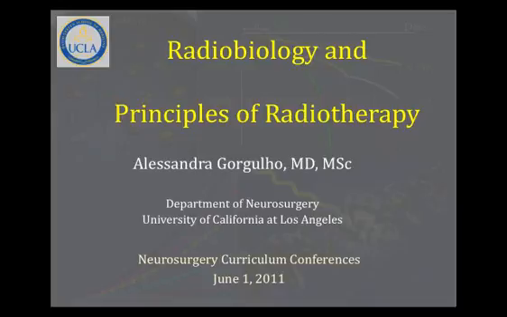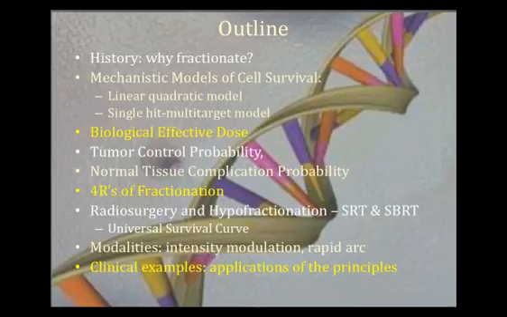So I may have a more simplistic approach than if you talk to a radiation biologist per se. Basically, I think that when we understand history, we understand why things are done the way they are done today. So we are going to go through history and why they arrived at the point that fractionation became the standard of care in radiation oncology.